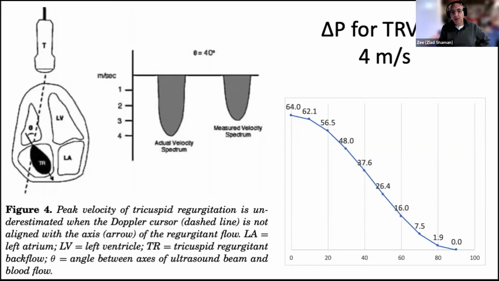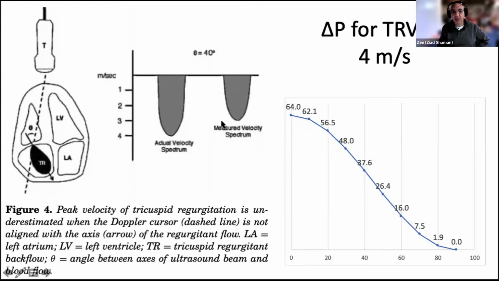A 20 degree deviation, which is considered an acceptable measurement error, still gives you 8 to 10 points difference in someone who has a good amount of hypertension. So when you read on the echo reports ±5, they are actually serious about the ±5.